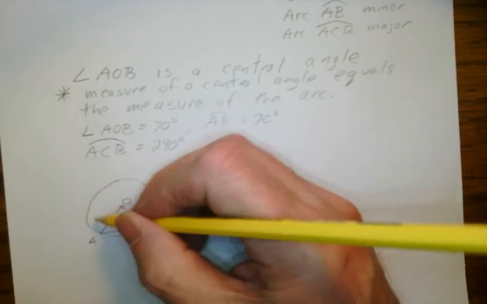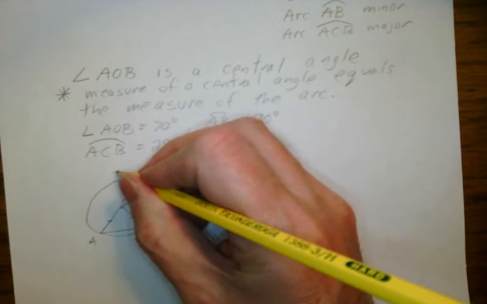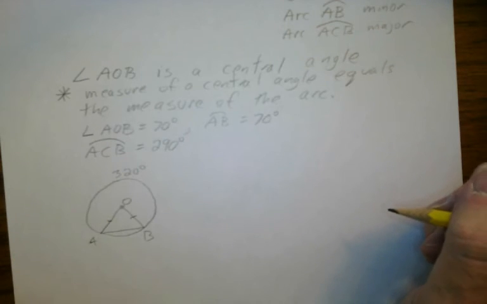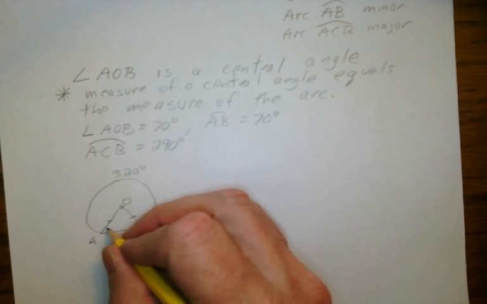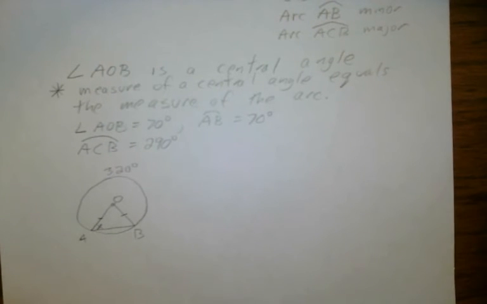So let's say the major arc from A to B is 320 degrees. If that's 320 degrees, let's find the measure of that angle right there, x, one of the base angles in the isosceles triangle.